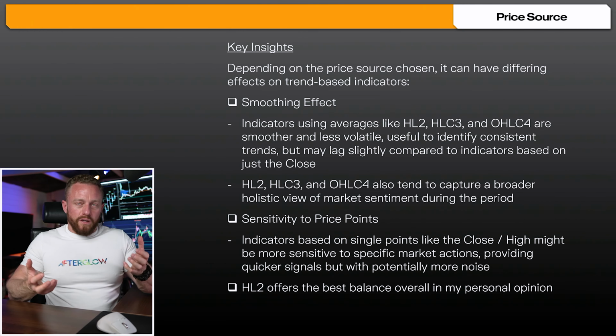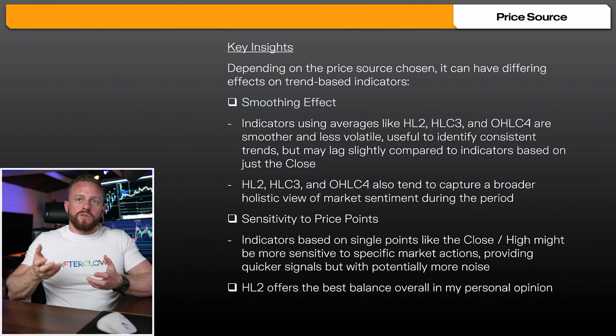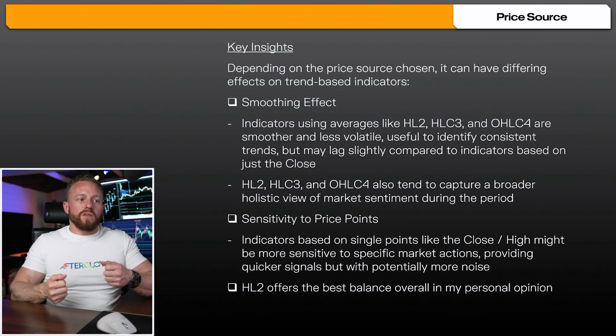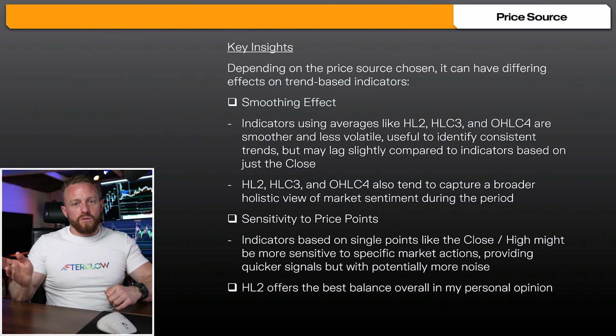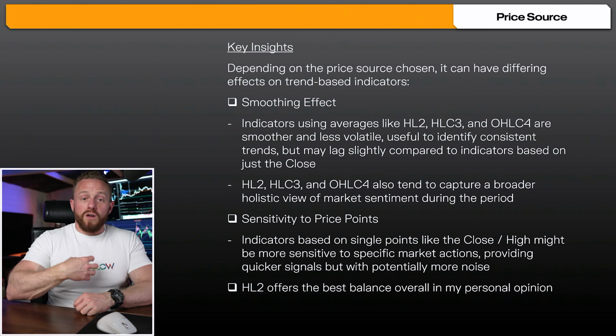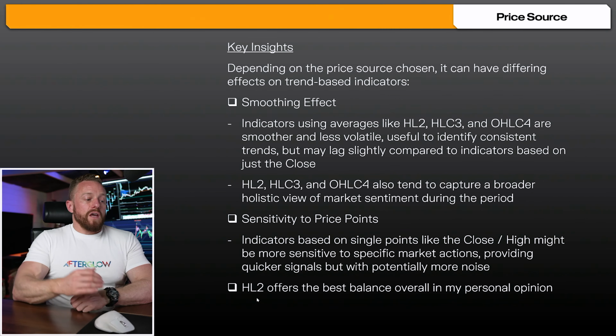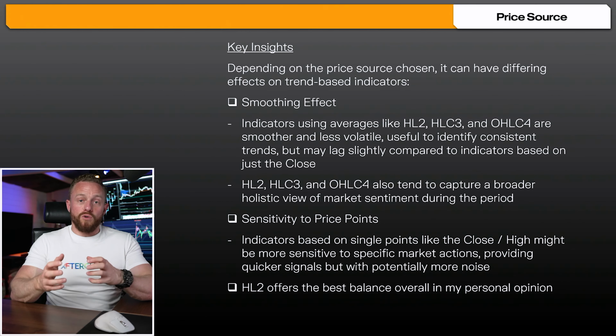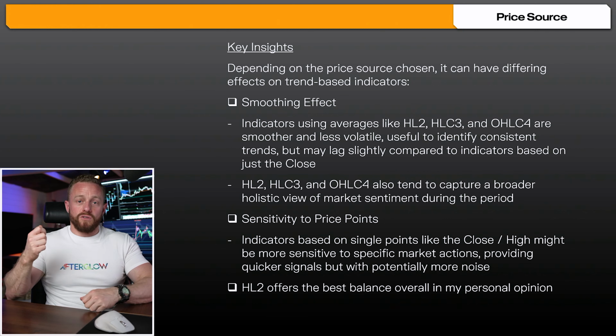So overall, when you're looking at those options, it's either more smoothing or more reaction and noise. The ones HL2, HLC3 and OHLC4 tend to be smoother, and the other ones tend to be more noisy and reactive. Now, in my opinion, the high plus the low divided by 2 tends to offer the best balance overall between smoothing versus noise.